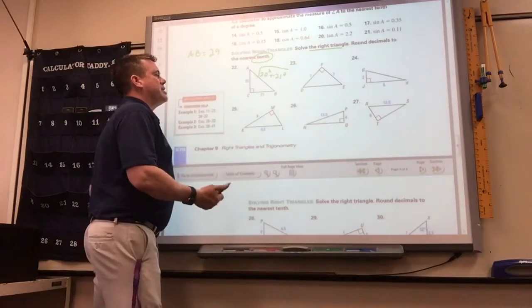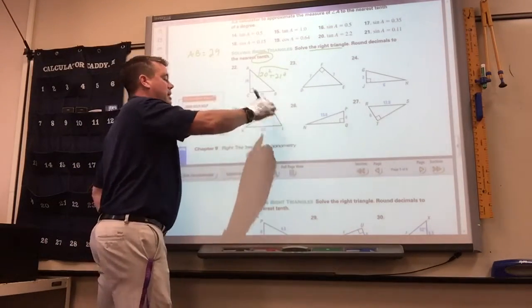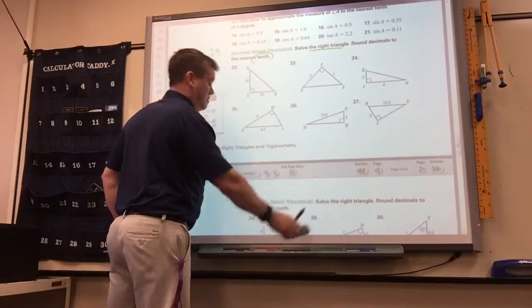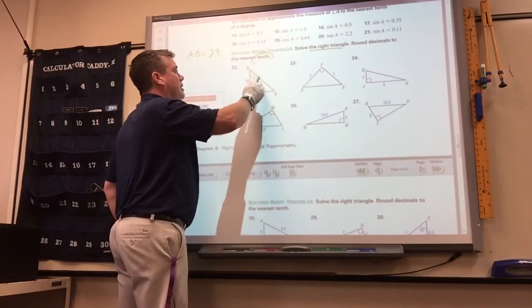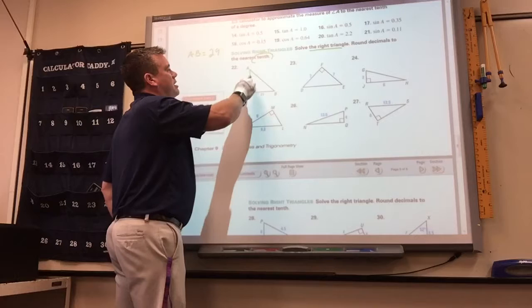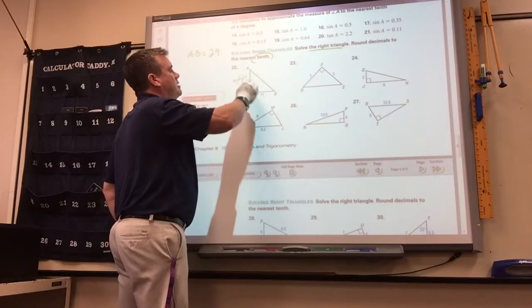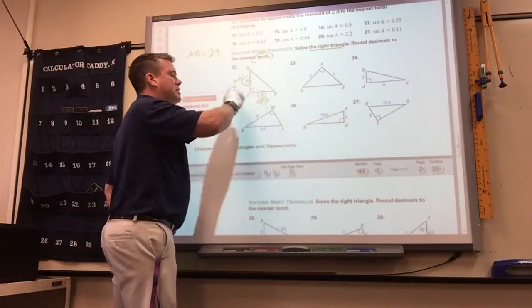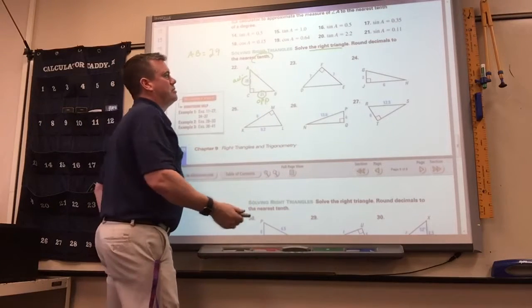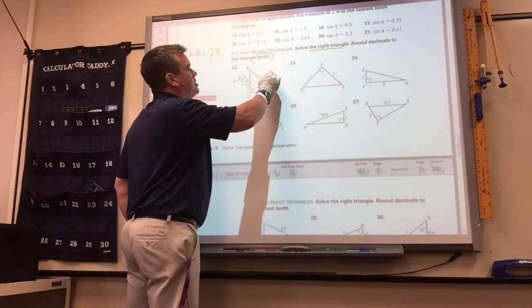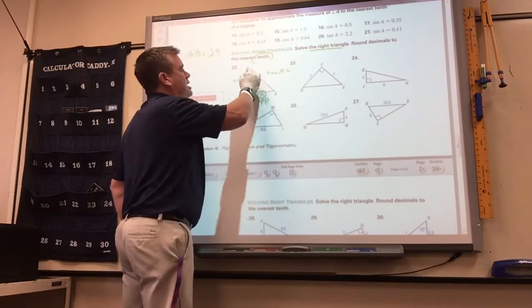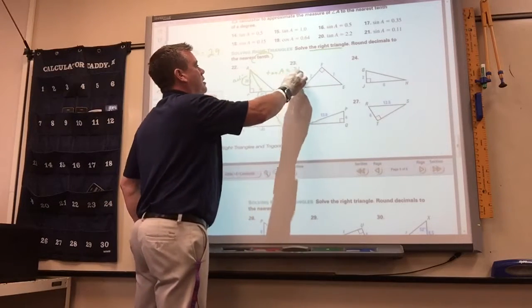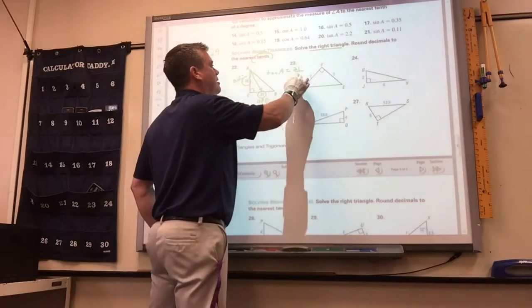Then, to find the angle, you can find A or B. I'll just find A. 20 is given, and that's adjacent to A. 21 is given, and that's opposite of A. So opposite and adjacent is the tangent ratio. So the tangent of A equals opposite, 21, over adjacent, 20.